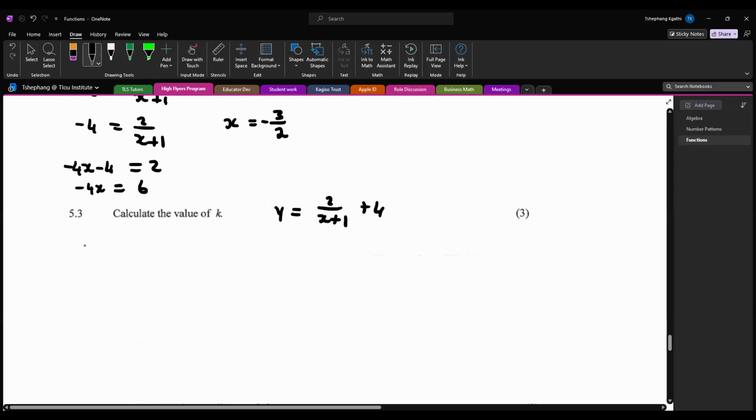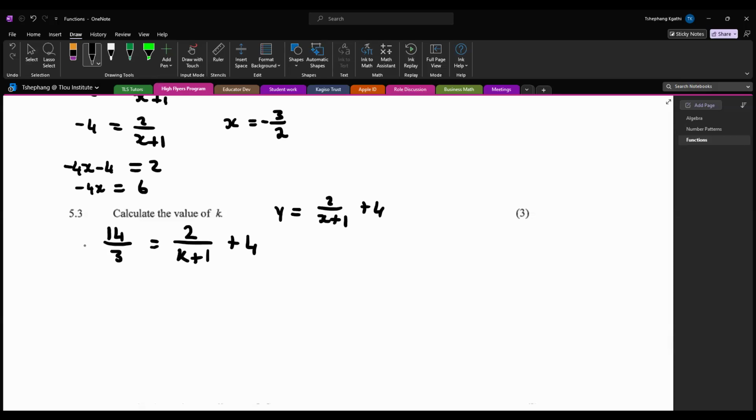They gave us the y value, 14 over 3. This is equal to 2 over k plus 1, and plus the 4. I just substituted the y value, and it's just easy math from here.